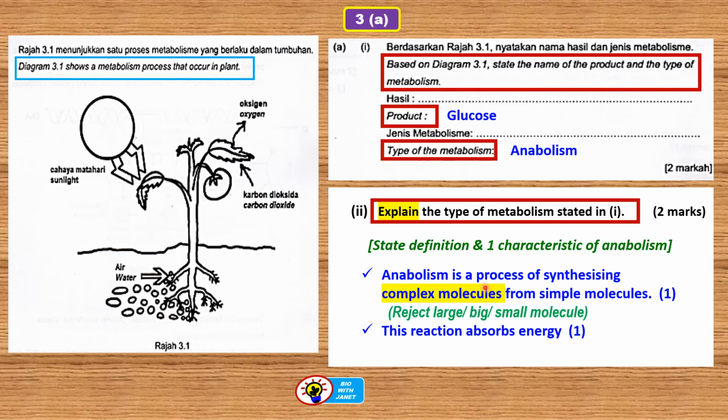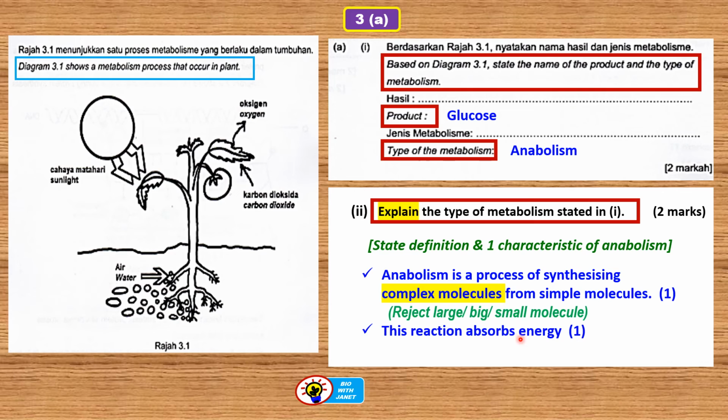Anabolism is a process of, highlighted here, synthesizing complex molecules. This is a keyword, from simple molecules. Take note of that. Now, reject large molecules. For example, you cannot say anabolism is the process of synthesizing big molecules from small molecules. Wrong. It must be complex molecules from simple molecules.